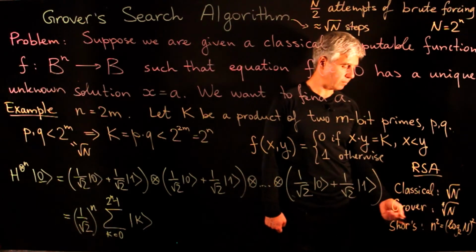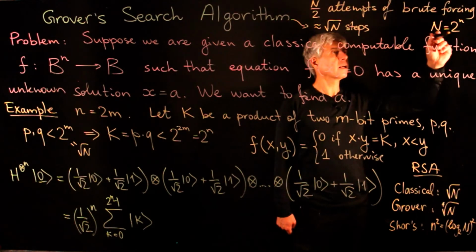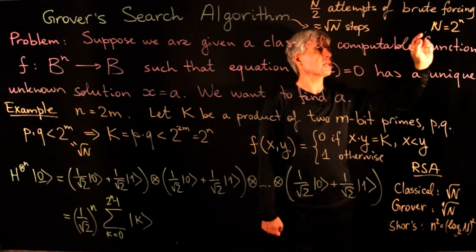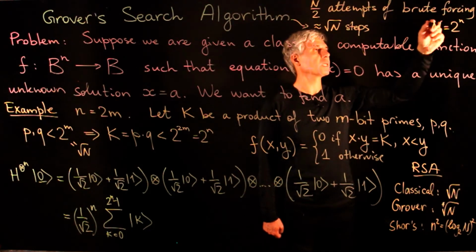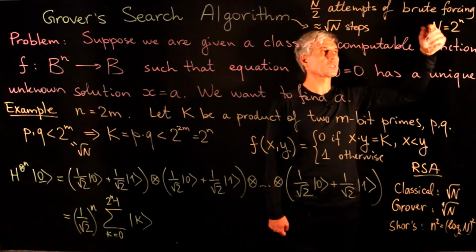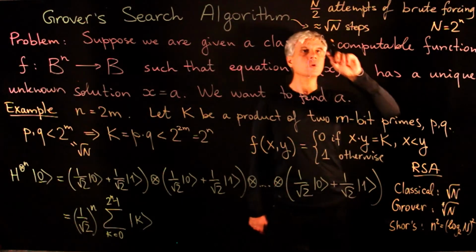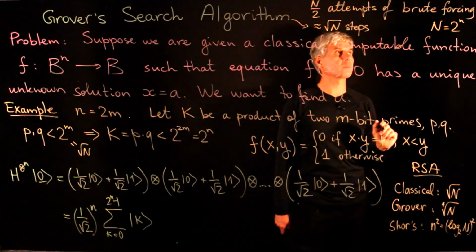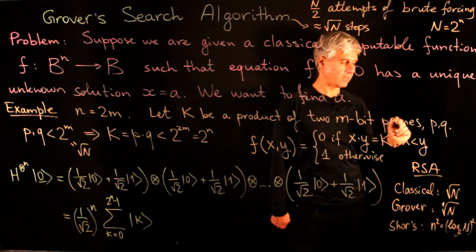And so this is a huge improvement in complexity. Typically, everything that runs in N steps is called exponential complexity, because big N is 2 to the power n, so it's given by an exponential function. If we have square root of N, this is still exponential complexity, because this is 2 to the power n over 2, right?